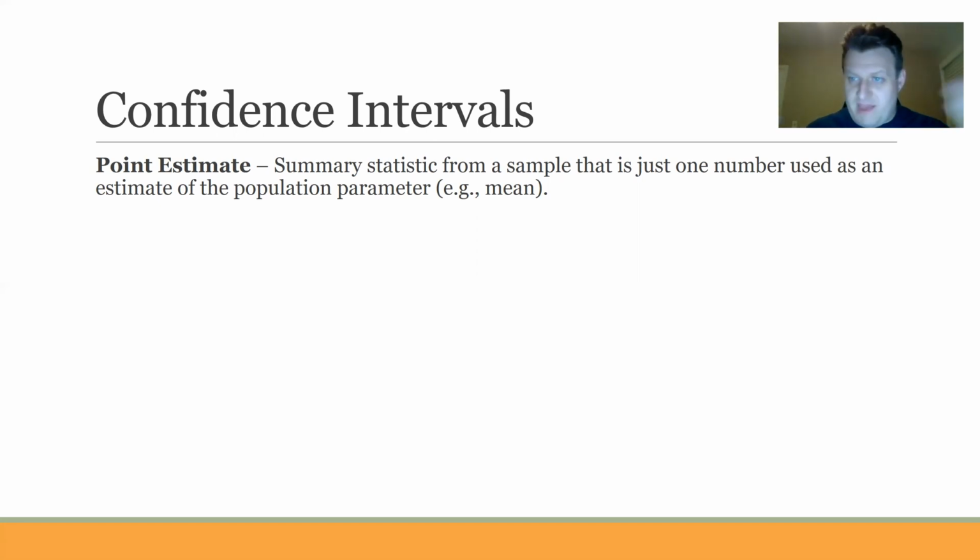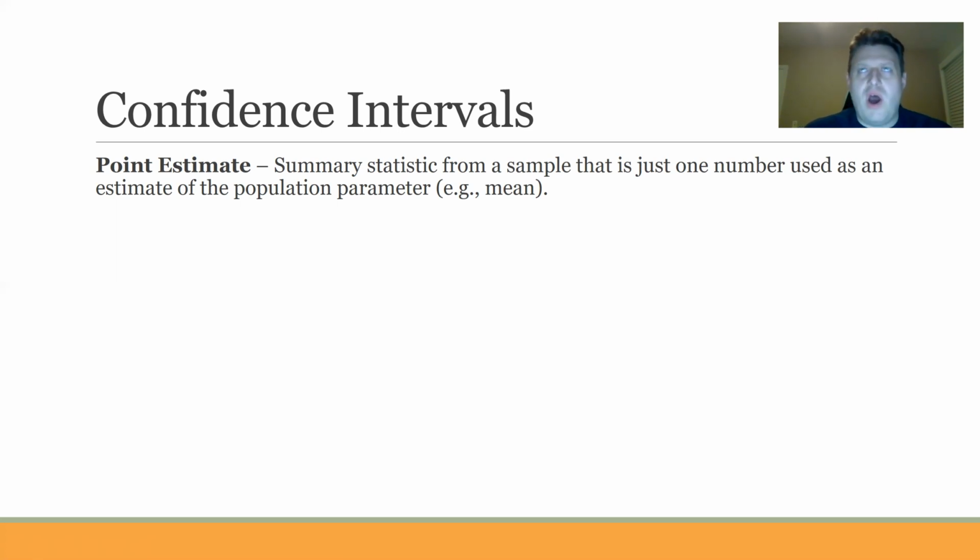Obviously, the sample mean is the best thing that we have to infer what happens in the population. So point estimates are good. If we have to pick one value, the sample mean is probably the best predictor of what the true population mean is. But it doesn't give us a degree of uncertainty.